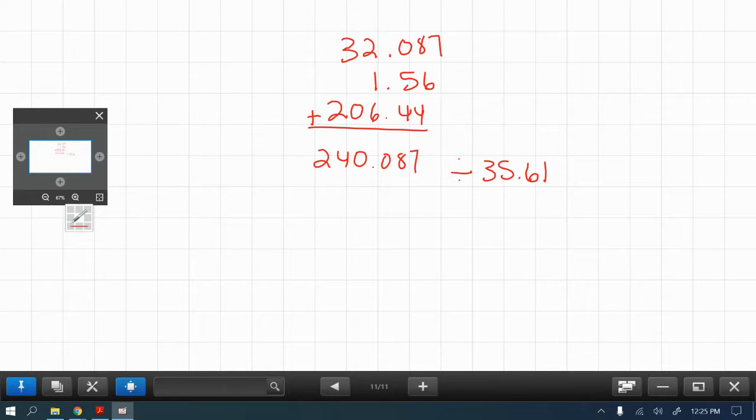So my solutions manual has something written wrong, but the answer was going to be right if I get the right answer. So I have a sum of 32.087, 1.56, 206.44. Okay, so that's right. And then this one's different, right? The divided. Yep. They must have used last year's. Oh, they left the one off.